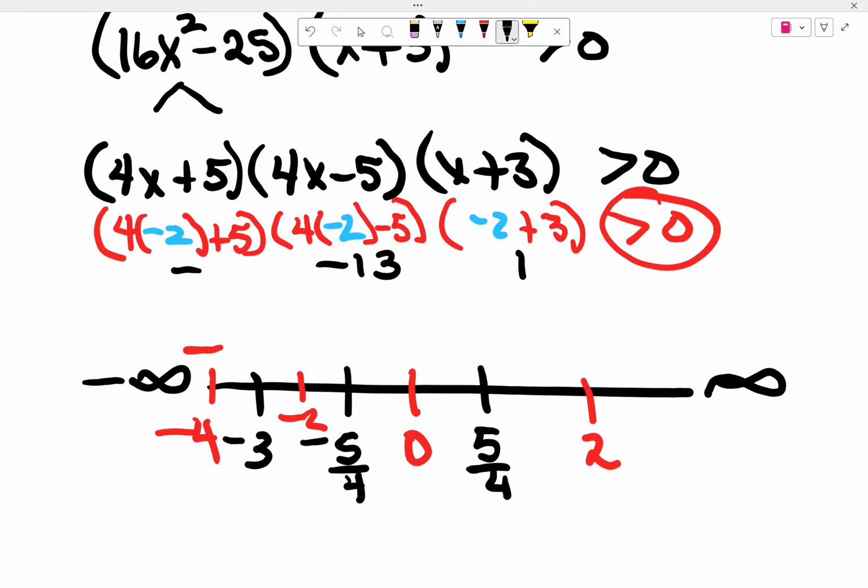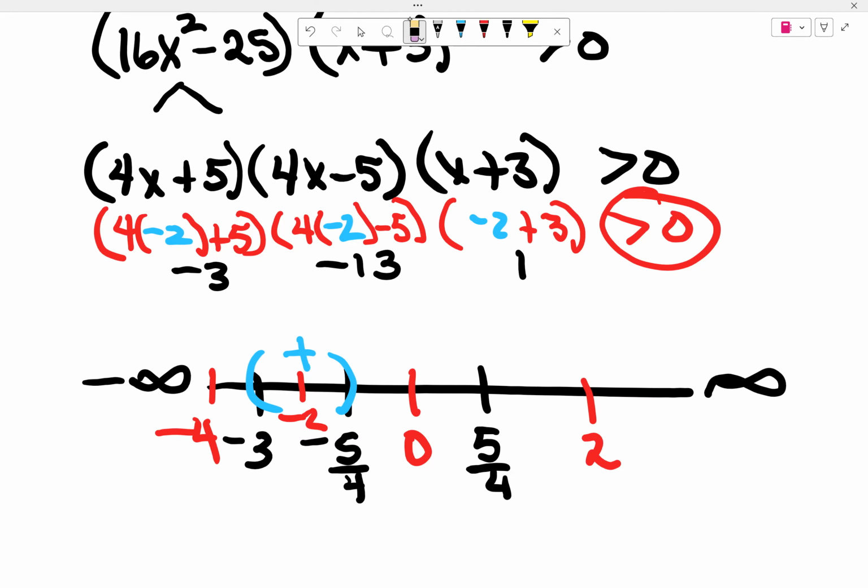Negative 8 plus 5, which is negative 3. So this is positive. Okay, and that's good. So from negative 3 to negative 5/4 is good. This is one of my yeses.